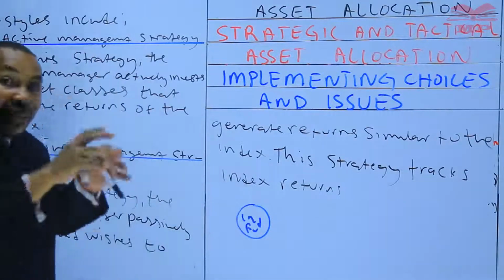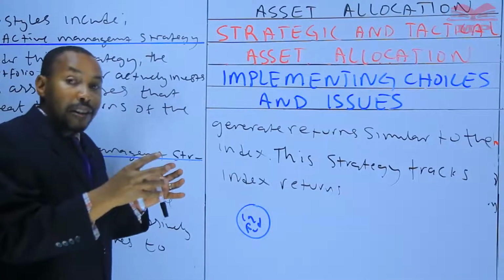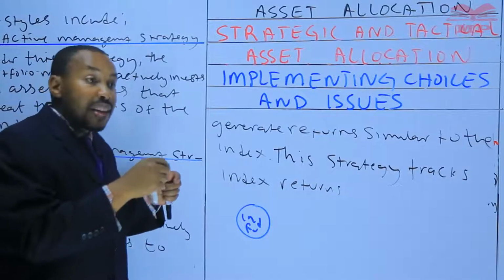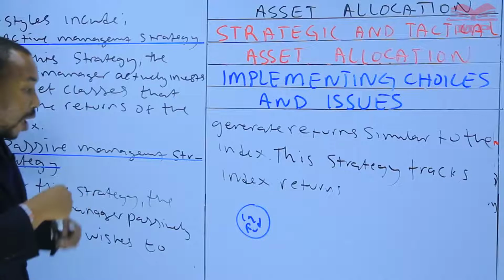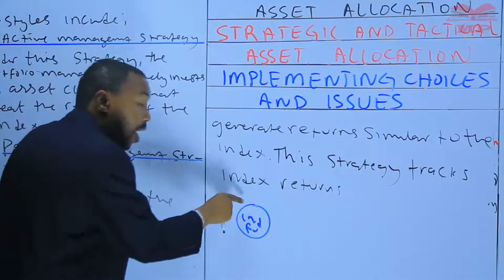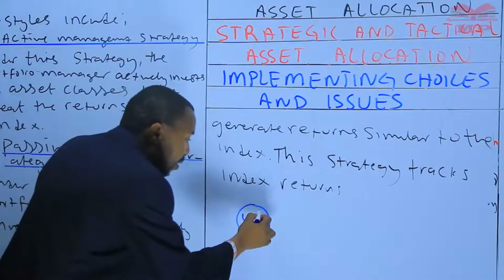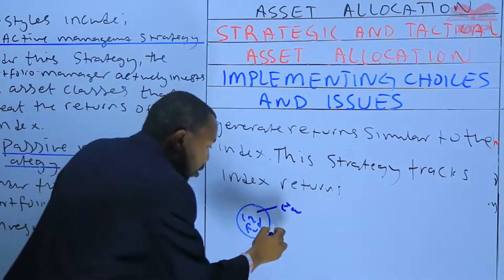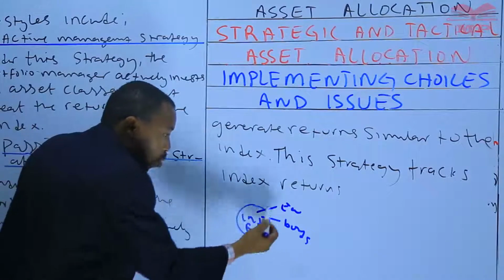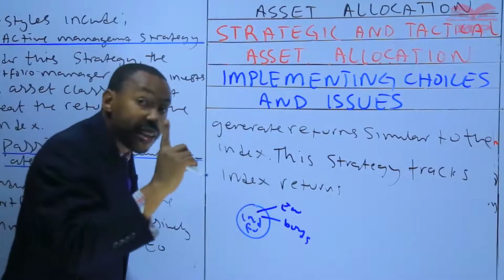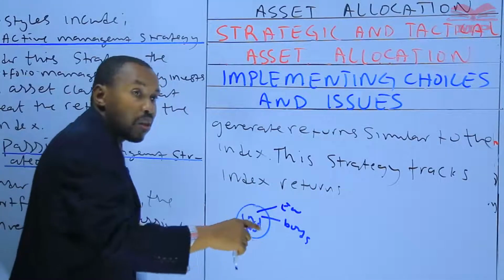So it's an index fund itself, a fund that is generated so that it can invest in indices. That means that if you invest in this, you will earn a return that is similar to an index. So it is invested in, maybe say, equities. It is also invested in bonds. For example, I'm just using this as an example, bond indices. Equity indices such as NSE 20 or the NASI, like that.